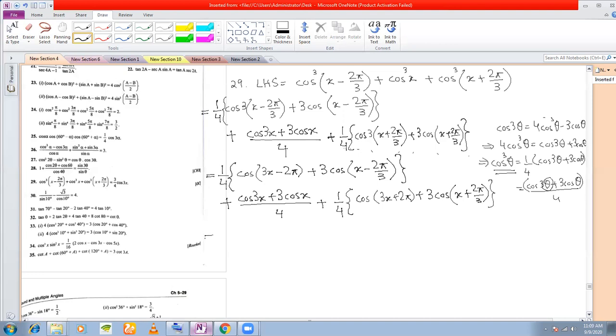Okay, so now take the LCM together, because all have denominator 4.